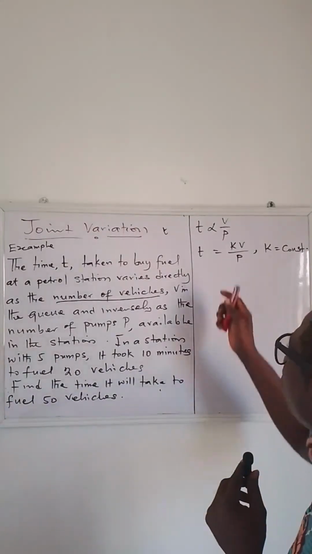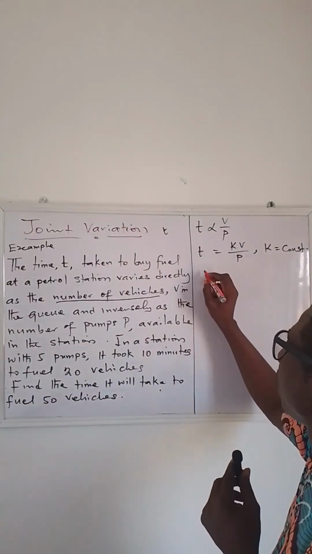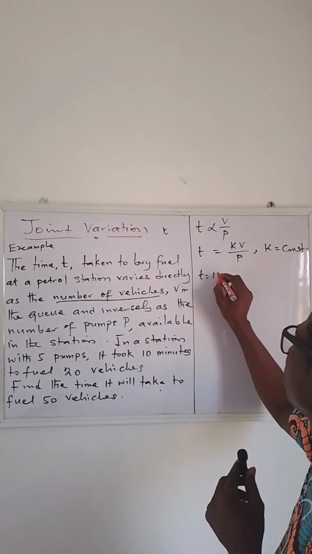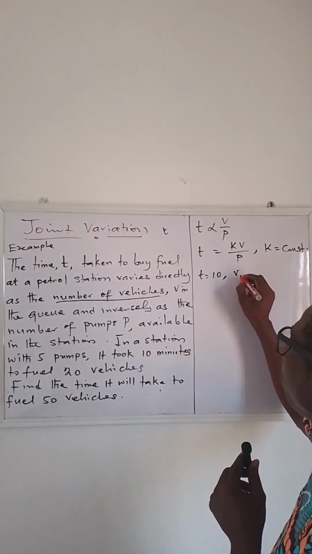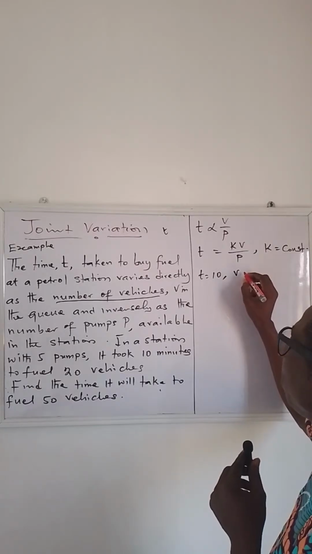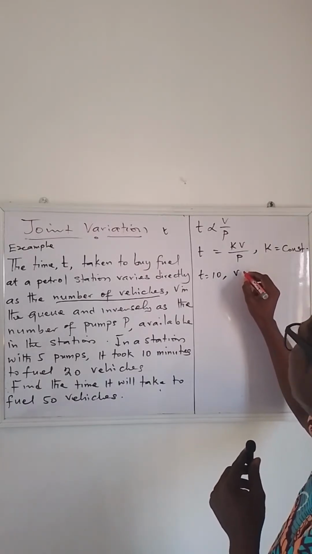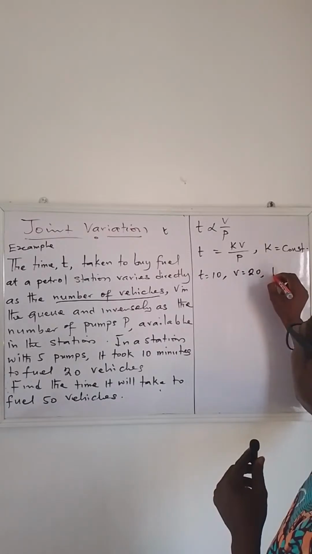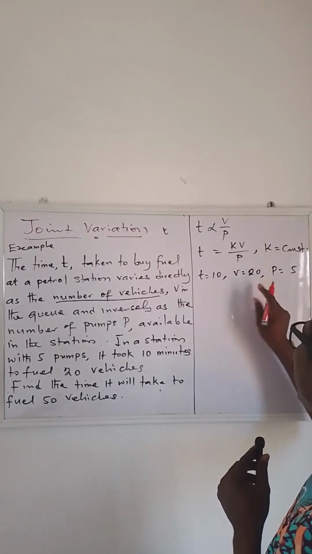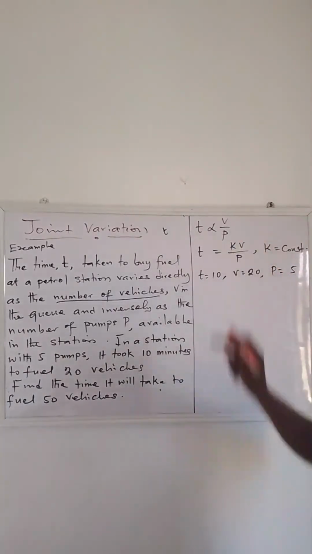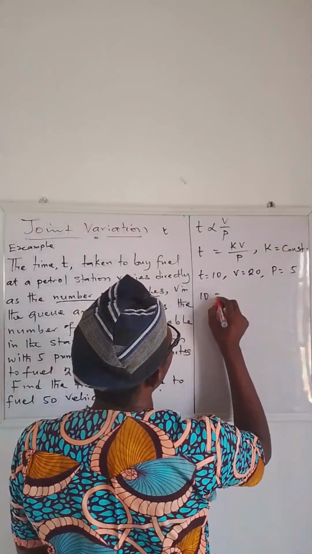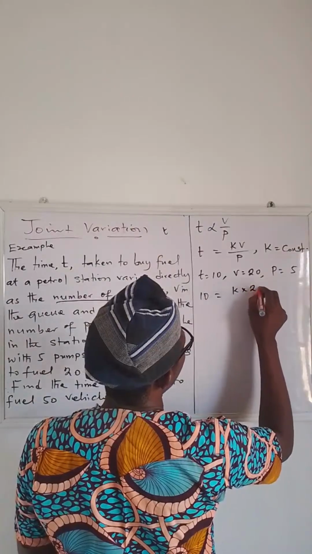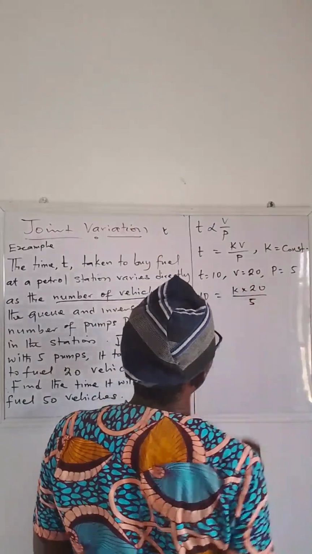So we substitute. T is 10 minutes, the number of vehicles is 20, and the number of pumps is 5. Substituting into this equation, you have 10 equals K times 20 over 5.